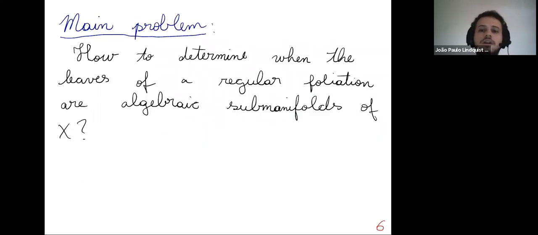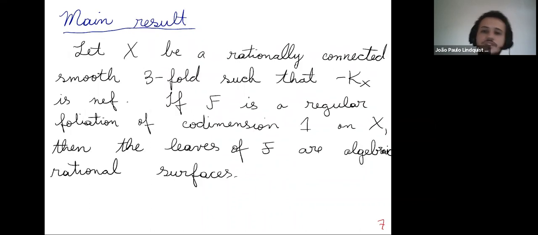The main problem I want to tackle is how to determine when the leaves of a regular foliation are algebraic submanifolds of X. What I try to present here is very specific. I will motivate why this result is important, but I just want to say this is our main goal, and to give you an idea how to prove it.